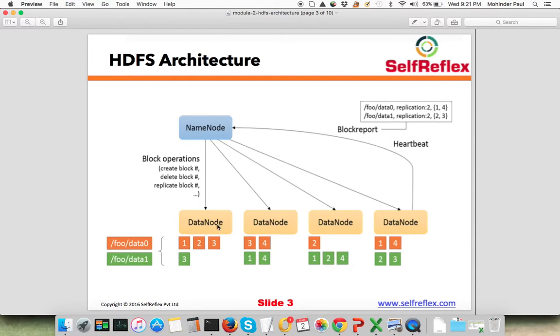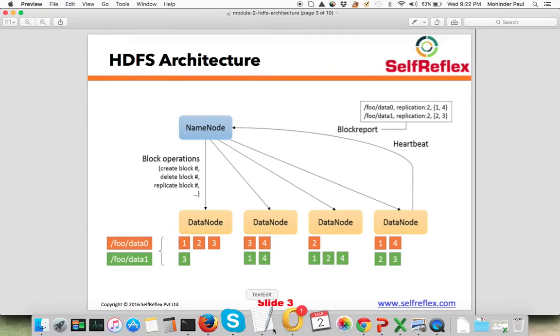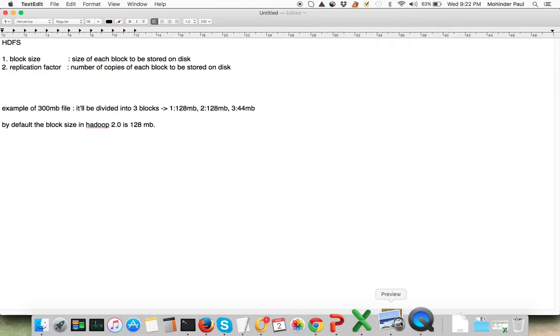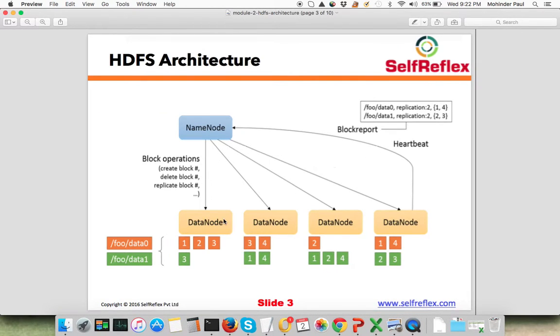So the first benefit of dividing this file into different blocks is that when you are reading this file, you can read all the blocks in parallel from multiple machines, right? Second benefit is when you have a replication factor, let's say a replication factor of 2 in this case. What you are doing is storing two copies of every block.